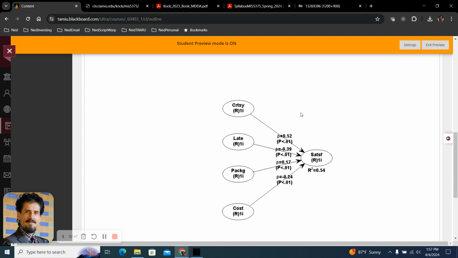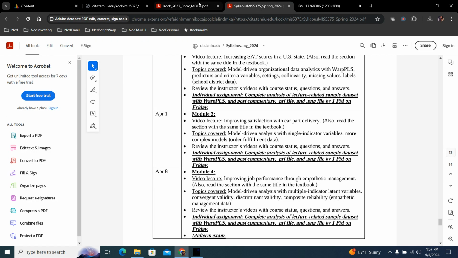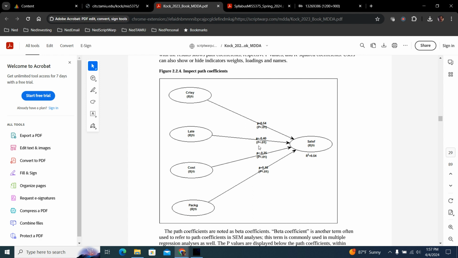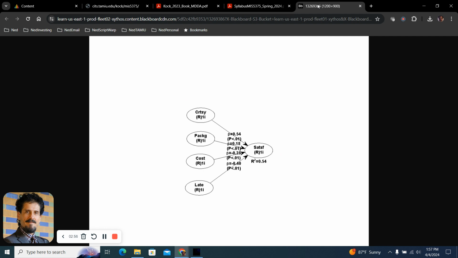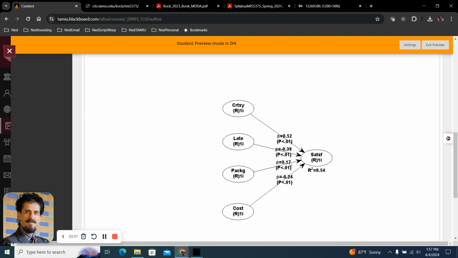Based on the textbook, you'd expect it to be 0.40, 0.25, 0.18. By Kayla, it's 0.25, this 0.24, and this is 0.17. So these values are different than what you would expect based on the textbook.